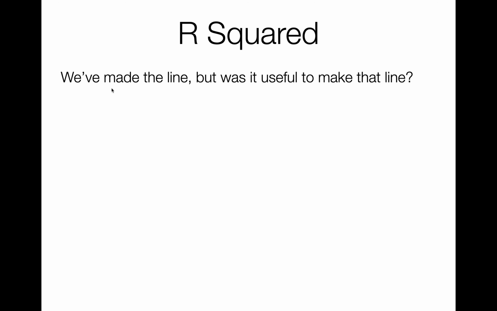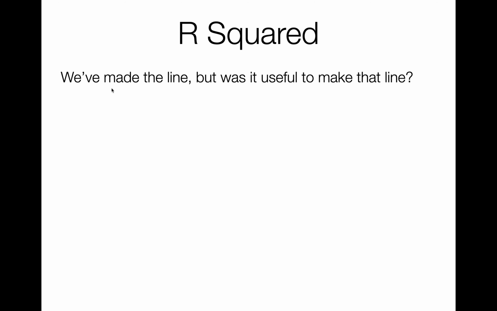Okay, so that's how to actually make the line. Then the final question that we're going to talk about in terms of linear regression is, after I've made the line, I need to look retroactively and say, did that line do any good for me?